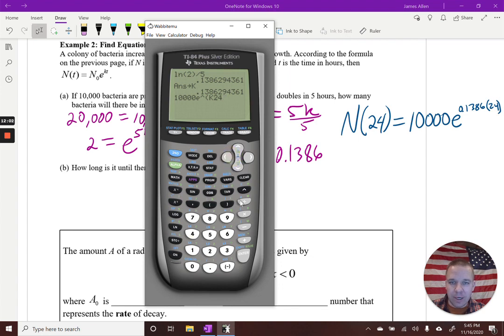I'm going to put multiplication. I don't know why. It just seems weird to me. It wouldn't matter, but I still want to put multiplication there. All right. I think we got it all checked out. That looks good to me. Boom. We got 278,576.18 bacteria.